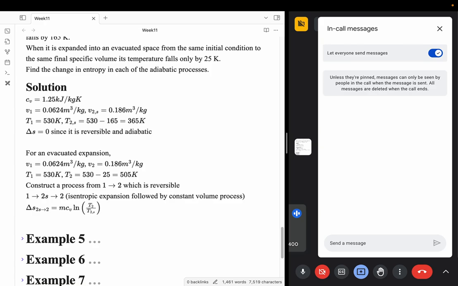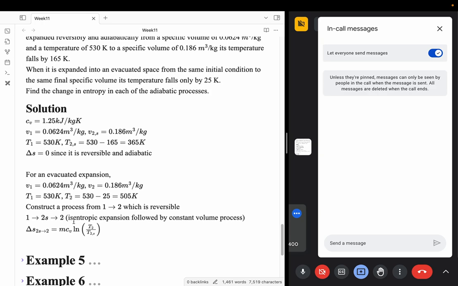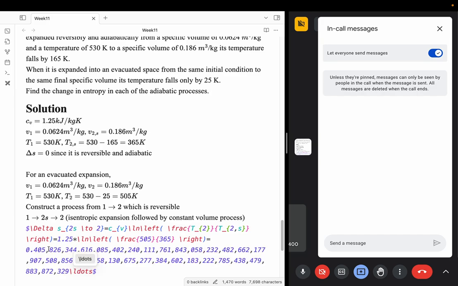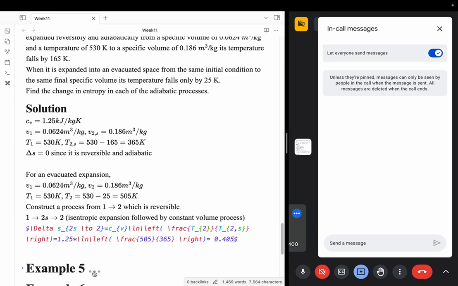You can directly substitute the values. We are always dealing with specific volume here, so I'm just removing the mass. We are assuming per unit mass of the substance. So Cv ln T2 by T2s. You already know Cv is 1.25, times ln of T2, which is 505, by T2s, which is 365. That is around 0.405.